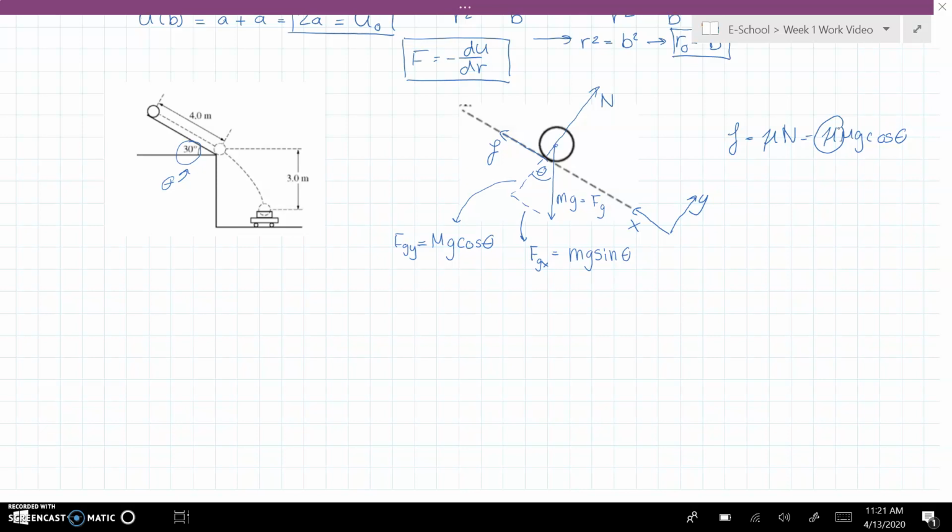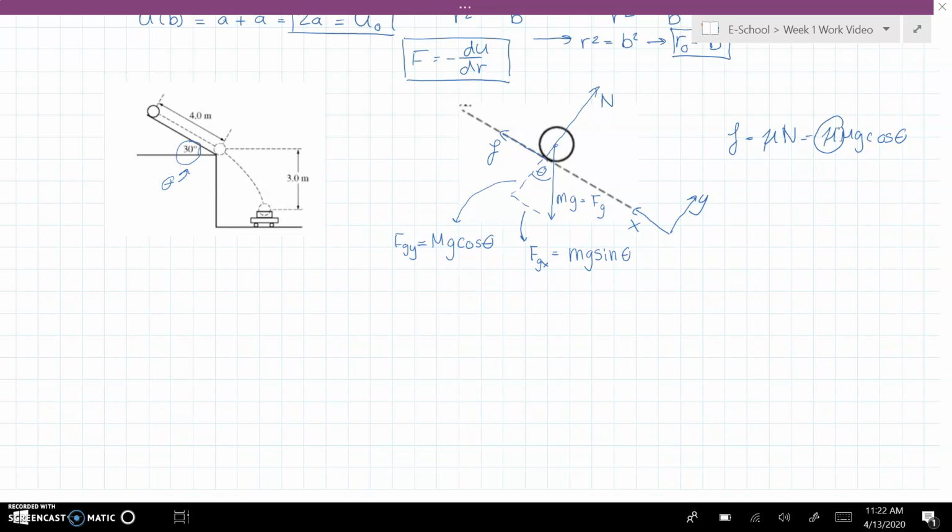Now we also know that if the force is perpendicular to the radial portion of your sphere here, then that's not going to apply a torque either, which means the normal force doesn't apply a torque. The normal force would just lift the object up, it wouldn't cause the object to rotate. So we know that the force of friction is the only force that causes this object to rotate.